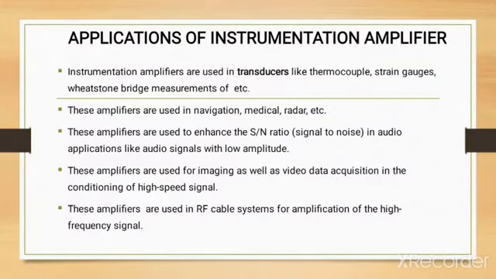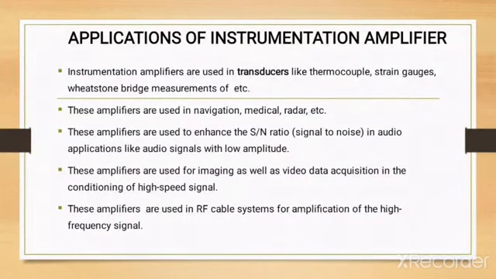Now some applications of instrumentation amplifiers. They are used with transducers like thermocouples, strain gauges, Wheatstone bridge measurements, etc. So what is a transducer? It converts physical quantities like pressure, temperature, and light intensity into electrical signals.